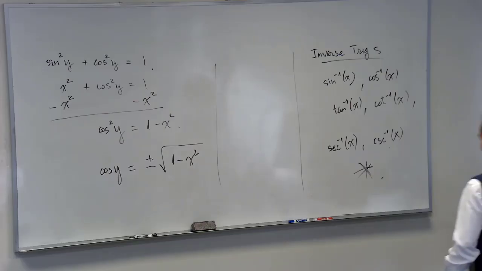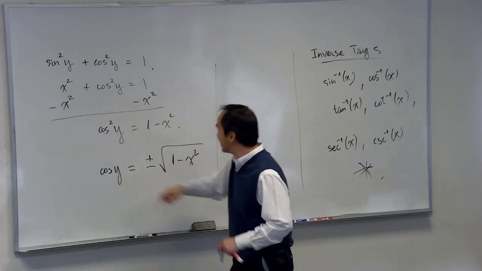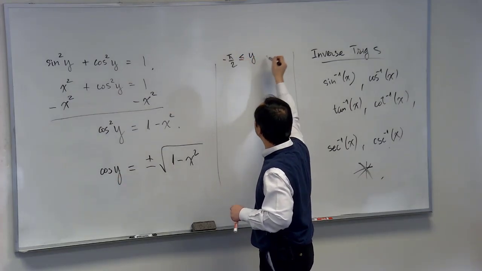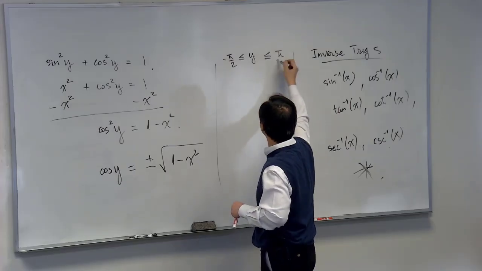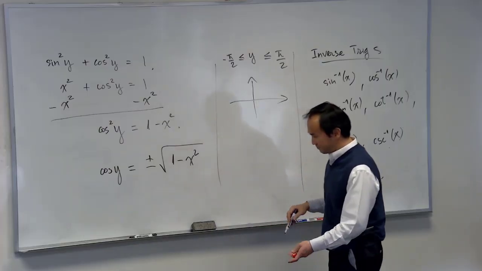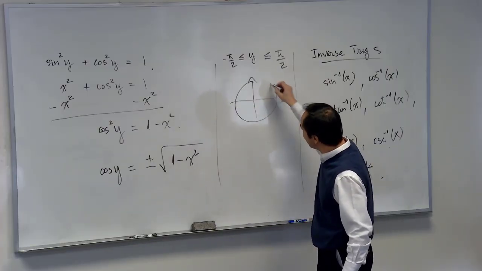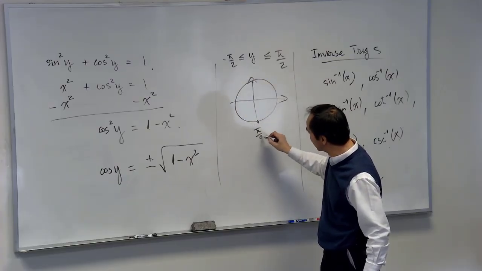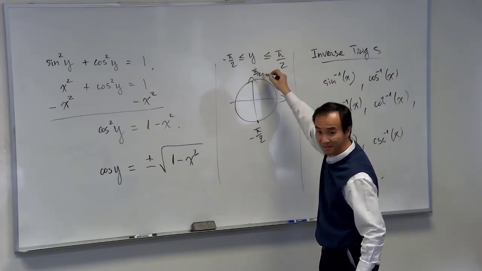That means your cosine of y over here, see, if y is a value anywhere from minus pi over 2 to pi over 2, think about it. At least when I was teaching my own trigonometry class, I always had my students focus on the unit circle. From minus pi over 2 is down here, and pi over 2 is up here. See what I'm saying now?